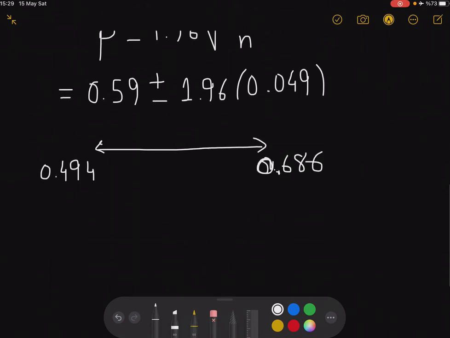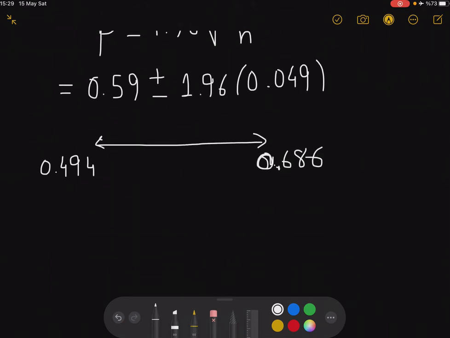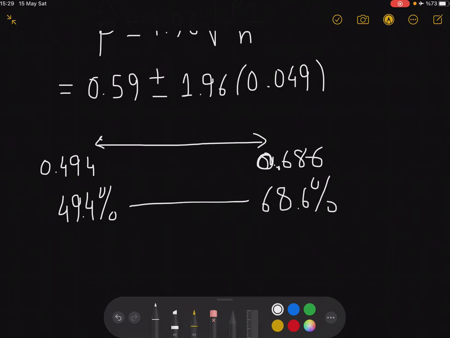So great. You can say that within this population, 49% to 68% of people have positive thoughts about this butter brand is your result.